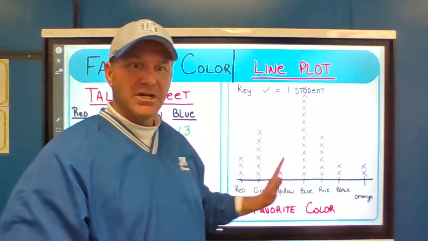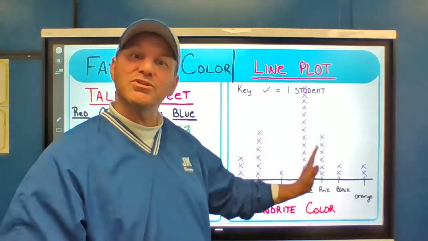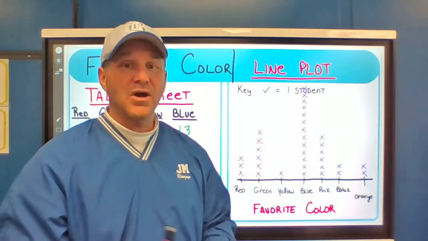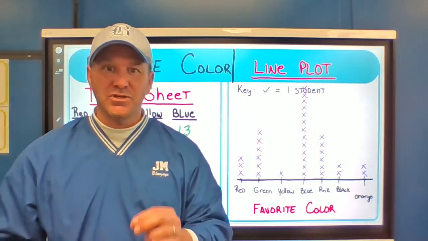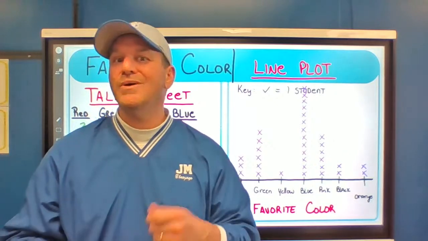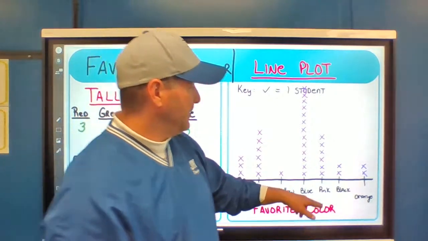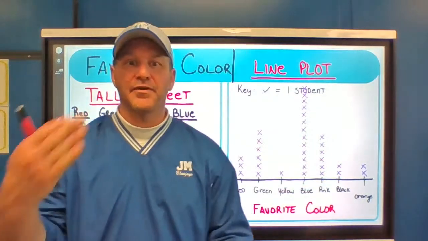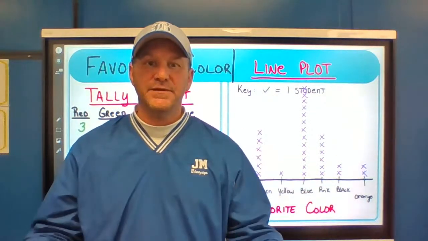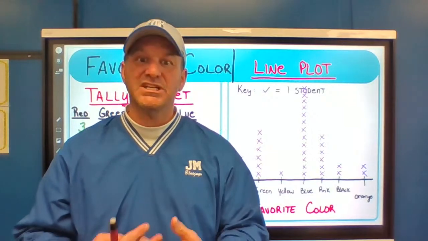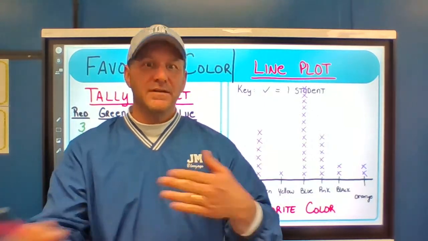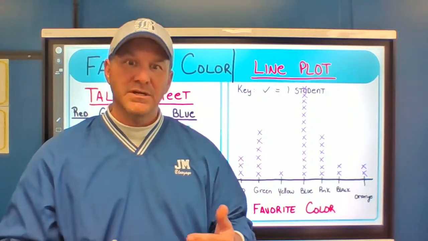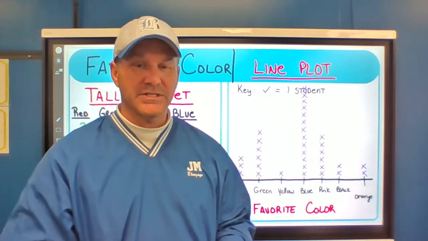See how that works? I can reference how many students chose what, and find the difference between the two. I could also ask how many students total chose blue and black. Well, I have 13 blue and 2 black. 13 and 2 is 15. 15 students either chose blue or black. So you can take all this data and answer any types of questions that come at you, and you will start to see that soon.